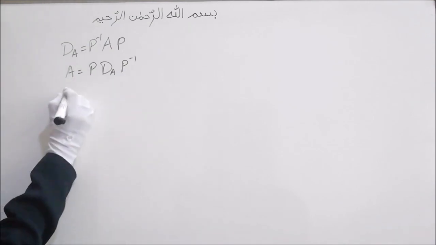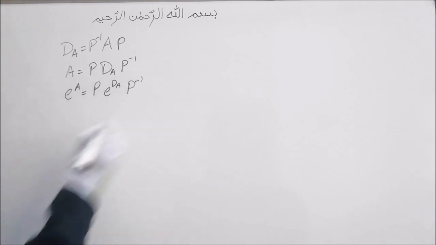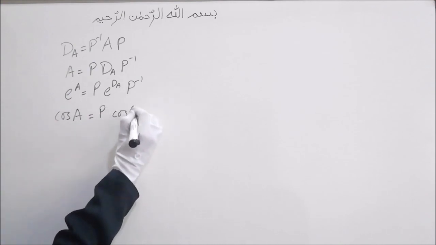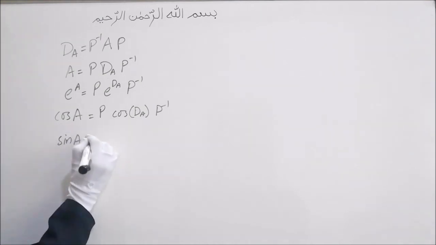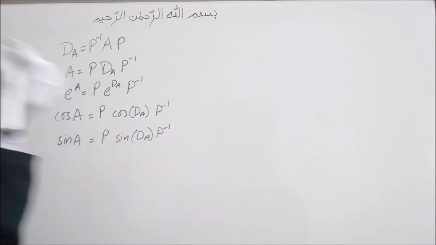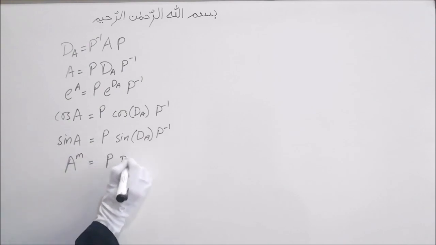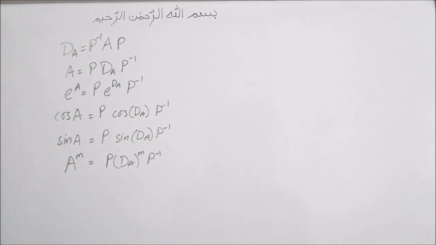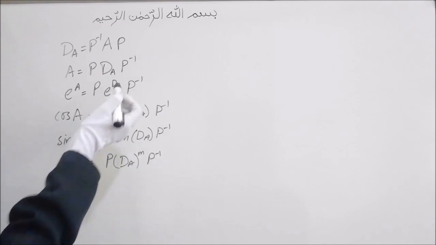Now e raised to A can be written as P e raised to dA P inverse, or cos A can be written as P cos of dA P inverse, or sin A can be written as P sin of dA into P inverse, or A power m can be written as P dA the whole power m P inverse. So now you might be wondering, then finding cos dA, sin dA, dA raised to m, e raised to dA is difficult.